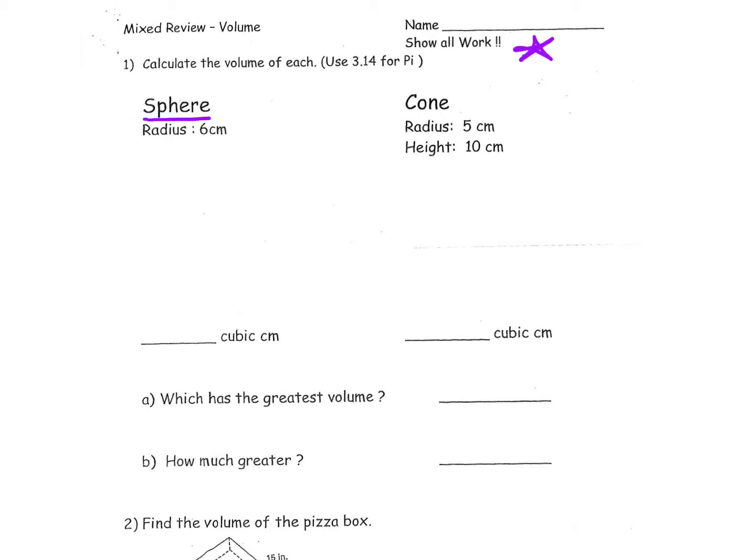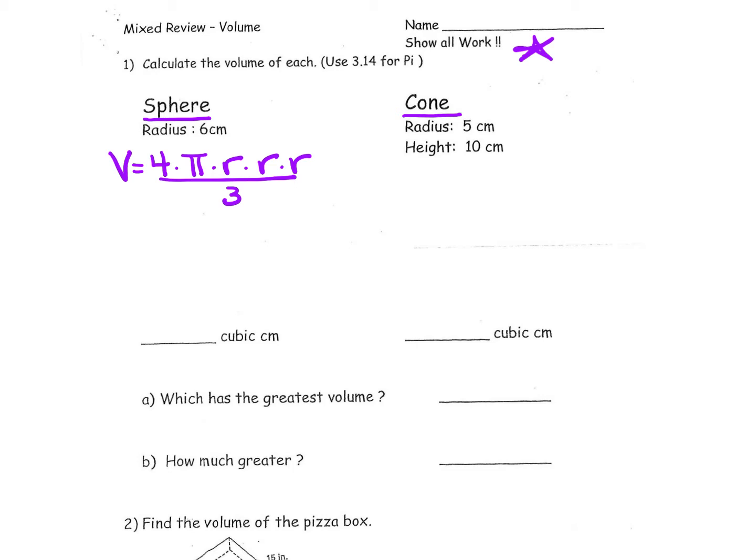We have a sphere with a radius of 6 centimeters and a cone with a radius of 5 centimeters and a height of 10. If you go to your formula sheet and look at sphere, you will find the formula looks like this. Volume equals 4 times pi times r times r times r, all divided by 3.